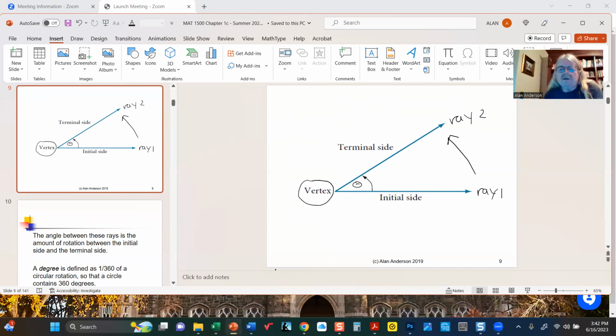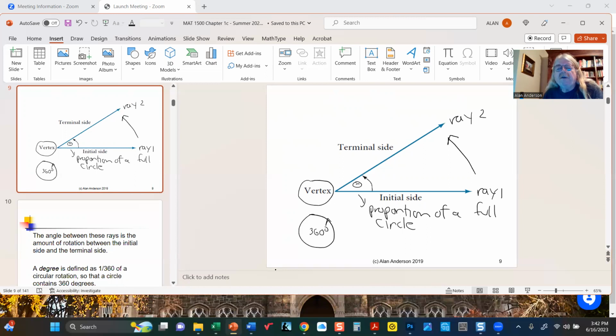Because a circle is defined as 360 degrees, the angle here is the proportion of a full circle that this represents.